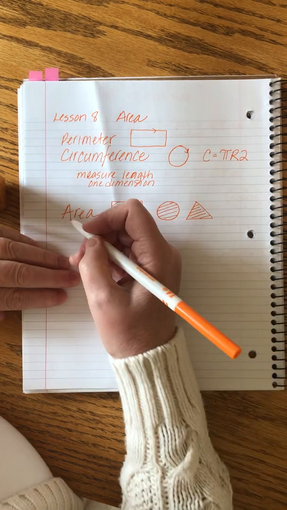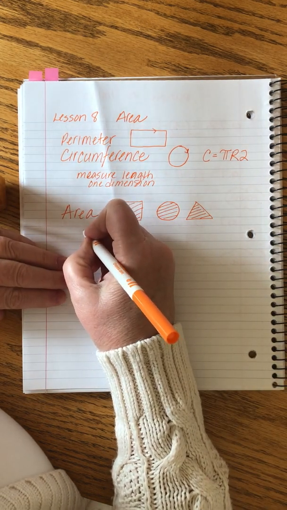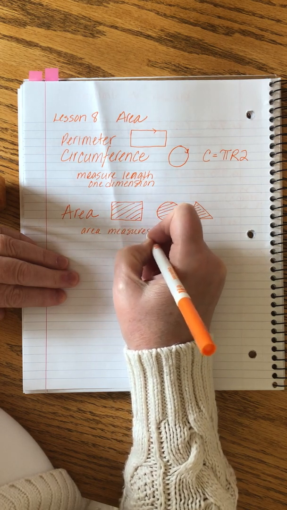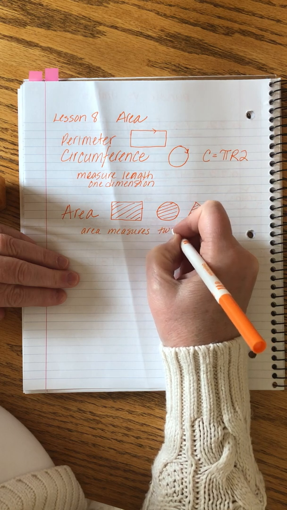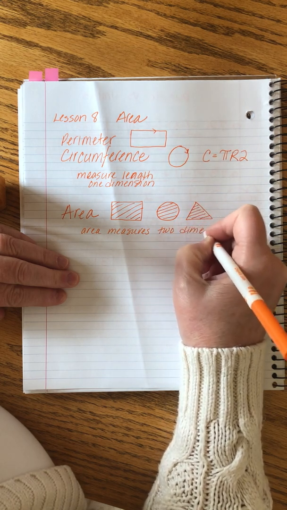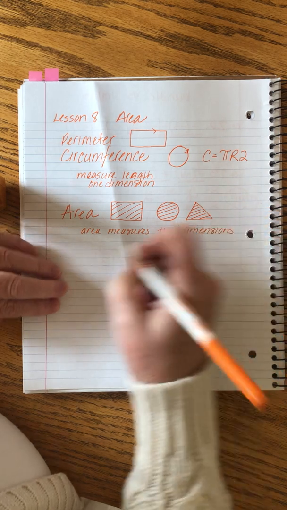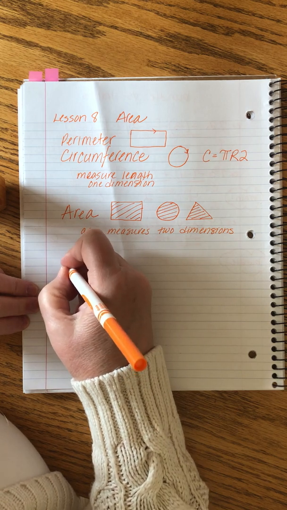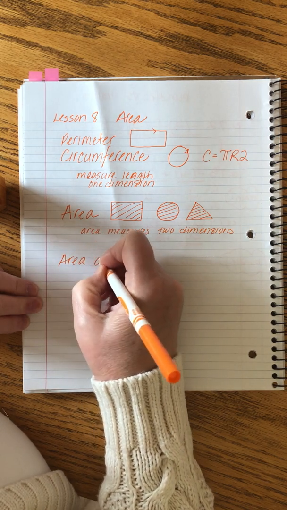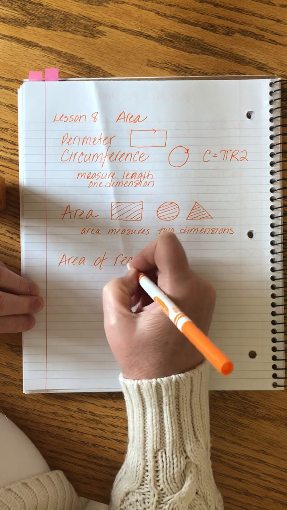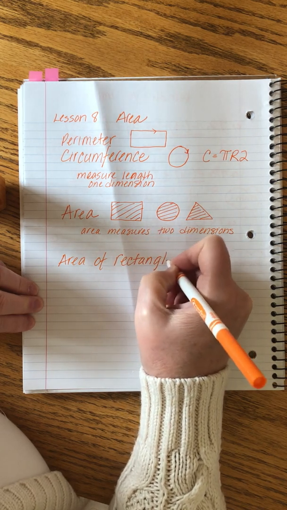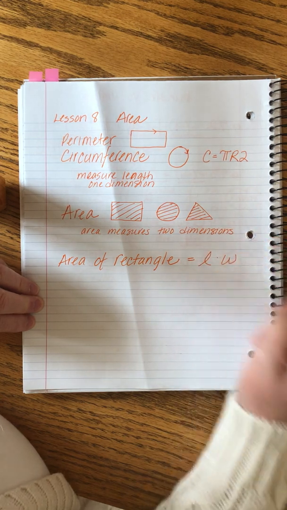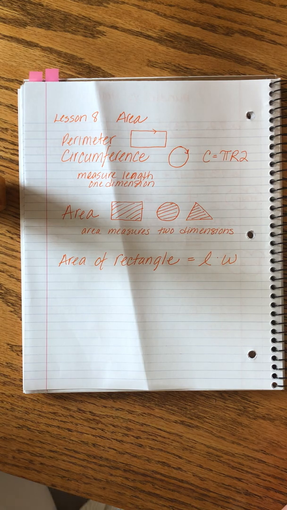All right? When we measure area, we're measuring two dimensions. And the easiest way to see that is when we are measuring the area of a rectangle. It's length times width, right?